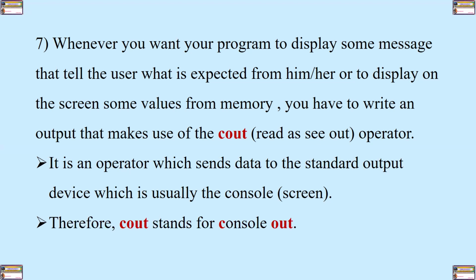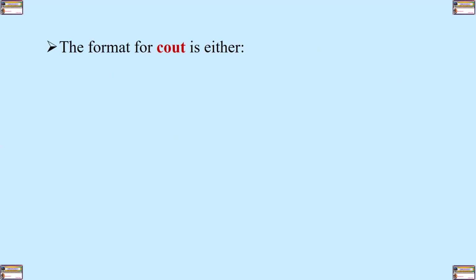Therefore, cout stands for console out. C for console, and the console is a computer screen. Out simply means to write or to display the content. The format for the cout statement is either as follows: cout, then that operator, then a string of words in quotes.